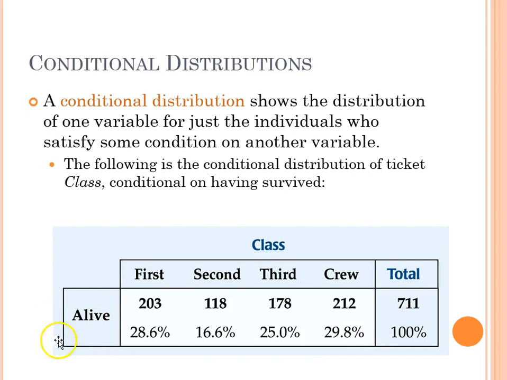Therefore, knowing whether or not the passenger survived or did not survive changes the distribution of class. And that's what it means to be dependent. Having knowledge about the survival changes the probability distribution, or the conditional distribution, of the class.